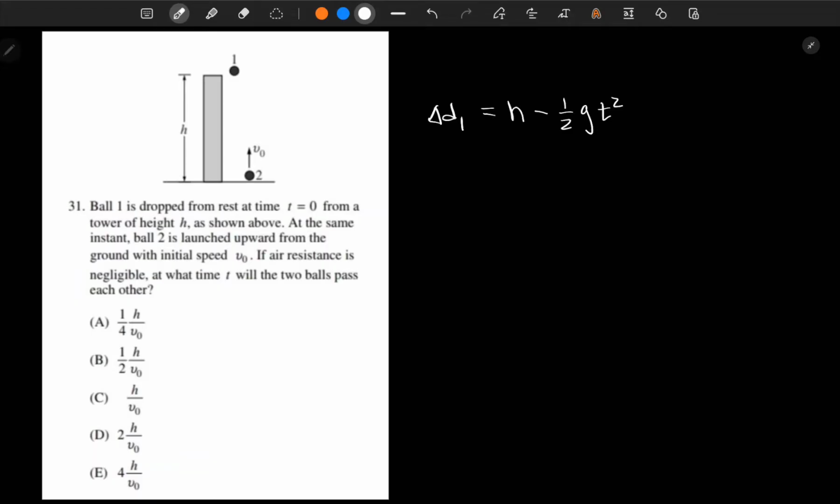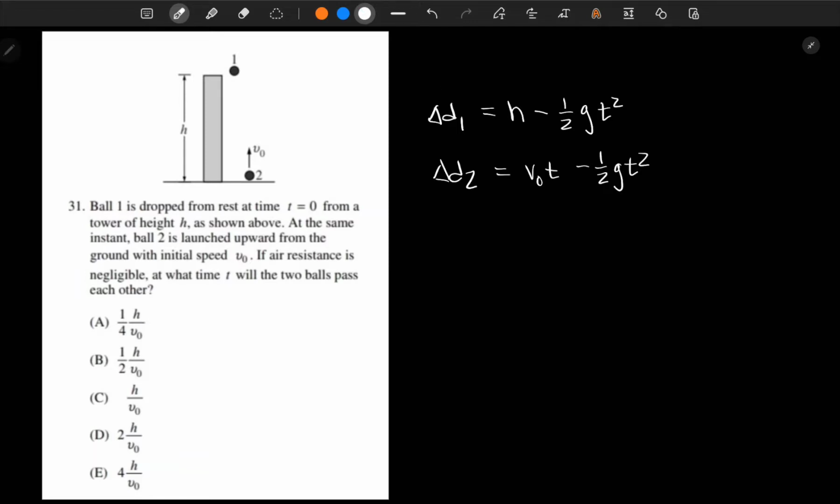And we have minus because we assume that that is in the down direction. Then delta d2 is equal to the initial velocity, v0, times the time elapsed, minus 1/2 gt squared. Notice that both balls are under the same acceleration due to gravity.